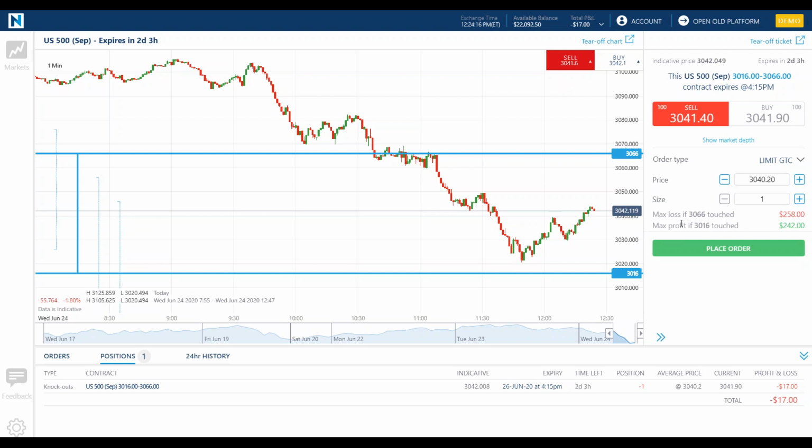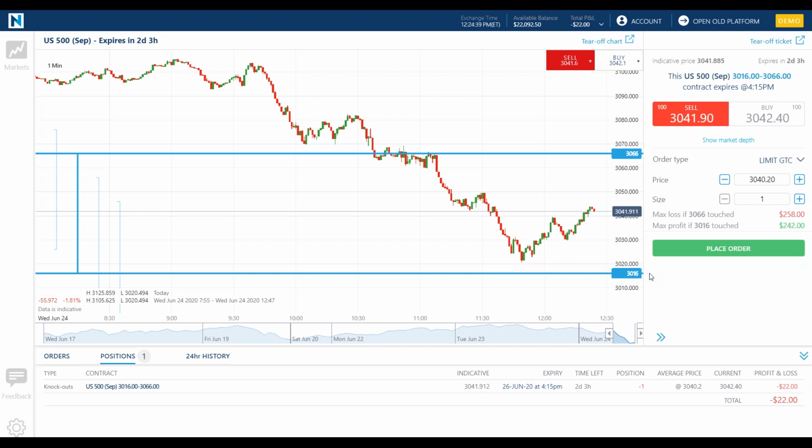If it settles lower than where I sold it, 3040.2, I would have some potential partial profit, knowing that my maximum profit is $242, and that's if it gets all the way down and touches 3016. So when you trade a knockout, you buy it or you sell it. It's a directional play.